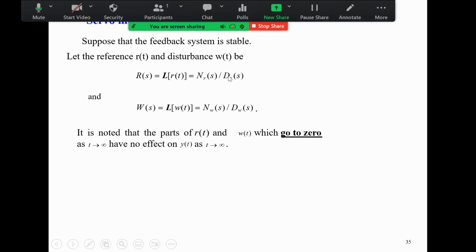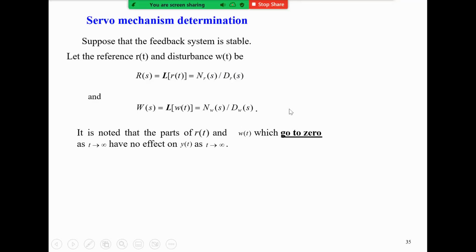Of course, we know in this expression, the denominator of the reference signal or the disturbance may have some stable part and also unstable part. Of course, if the DR or DW is stable, the system is very straightforward, right? We know they'll go to 0 anyway. It will not affect the output at the steady state.